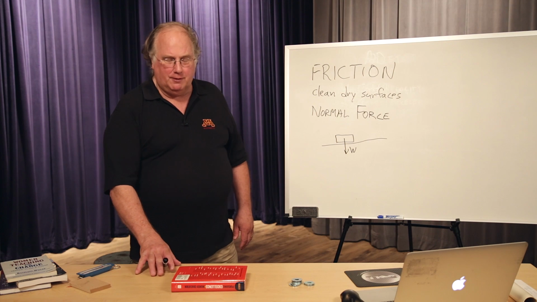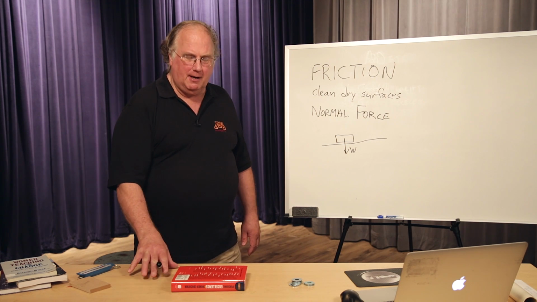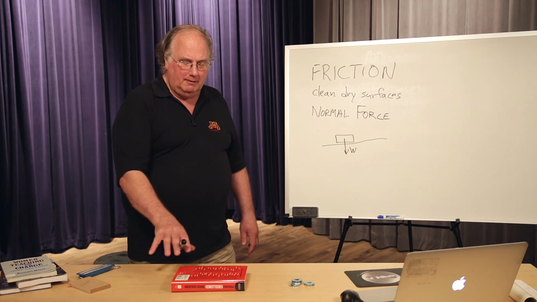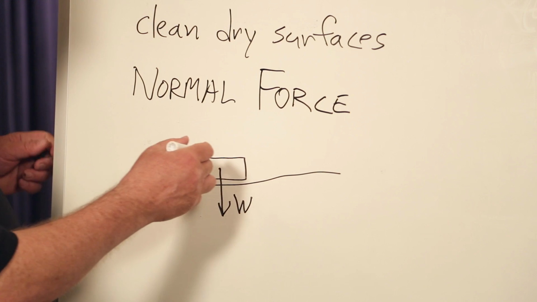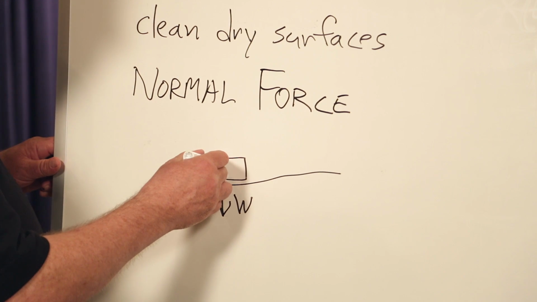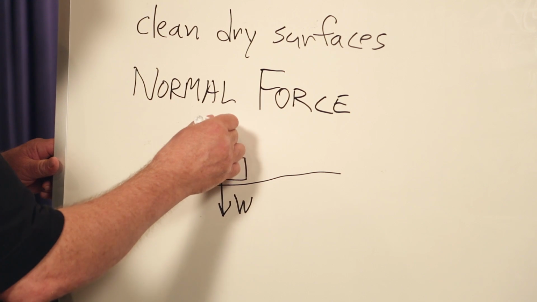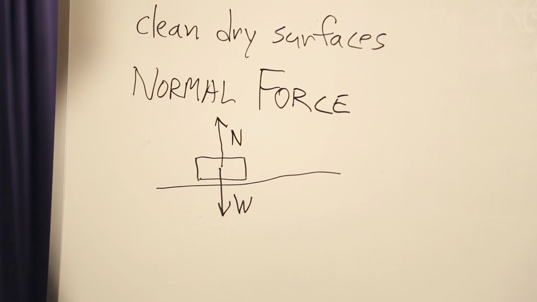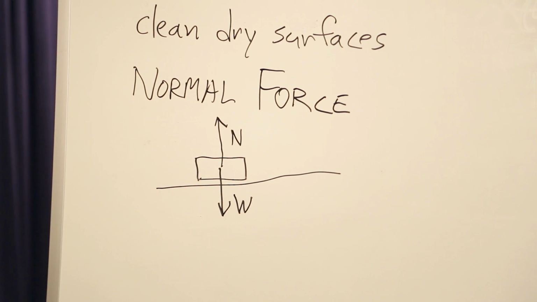Well, there's another force that comes from the table. This book is interacting with the table. Even though you can't see anything happening, it's going on. And the force from the table is in an upward direction, and it's called the normal force, N. And the normal force is exactly big enough to counteract the weight.